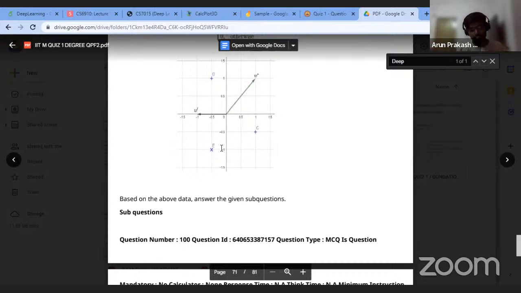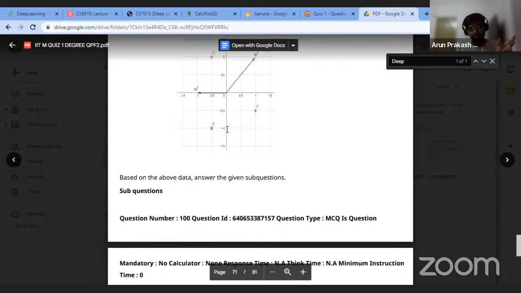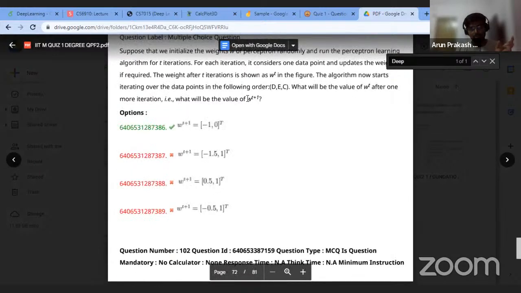If it classifies it correctly, there is no weight update, so the weight remains the same. If it misclassifies it, you make a weight update, and the weight gets updated. You have to choose the updated weight. That is one iteration. Are you able to follow this now?